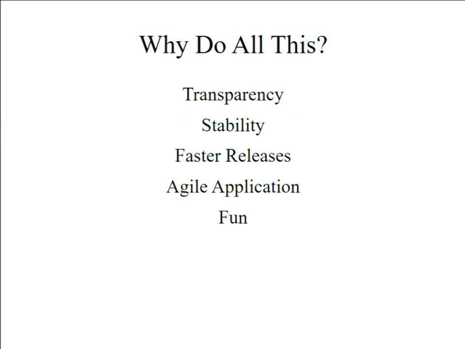So why do all of this? Well, first we went from a commit in source code to an app running minutes later. For our case in production, 20 minutes, but for smaller applications, it can be like 2 or 3 minutes. Continuous integration and continuous deployment lead to a lot of transparency. You can see all the changes that are happening as they're being made.